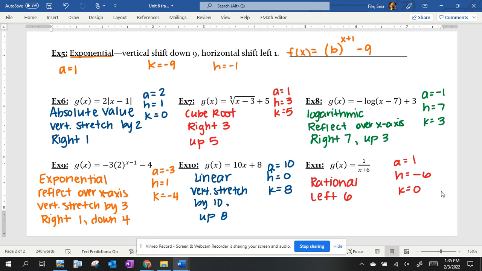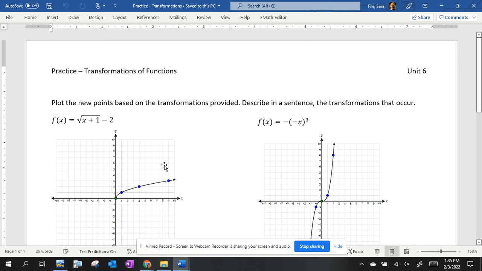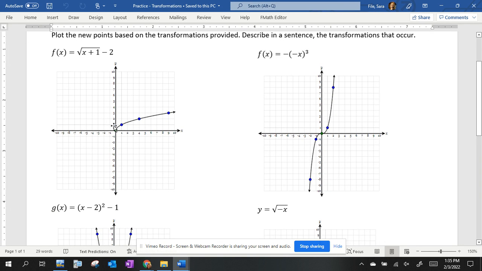Do y'all recall most of those transformation rules? I think so. I think that should have served as a bit of a review. So now you just have that second page that I gave you that is the practice. So if you look at it real quick, it has the parent function plotted with actual points shown. I know it says plot the new points based on the transformations.